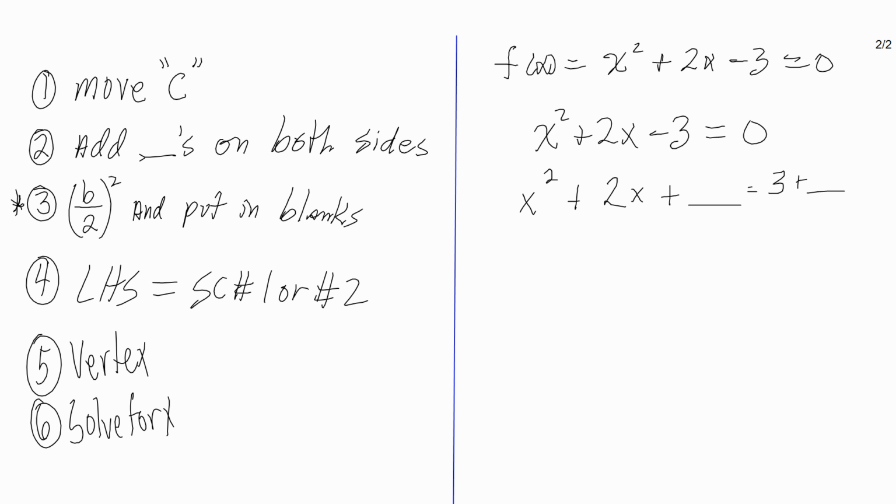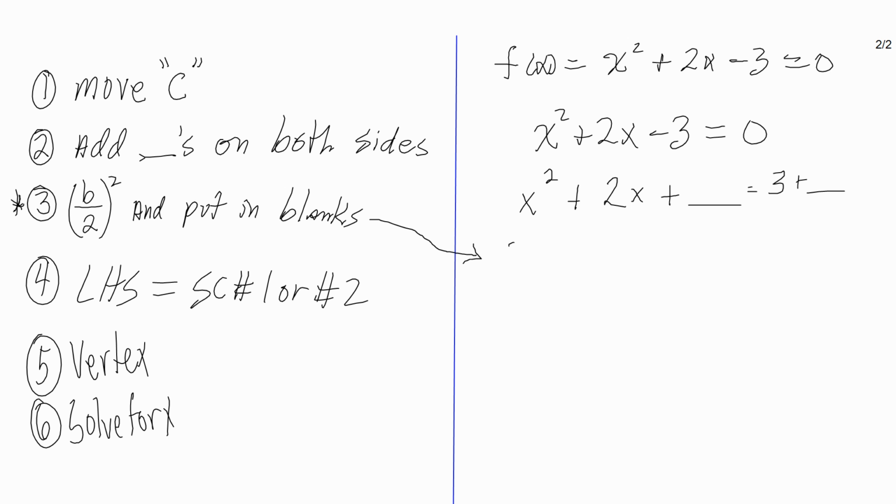Now, where is B? B is 2. Remember, ax squared plus bx plus c. So B is what? 2.